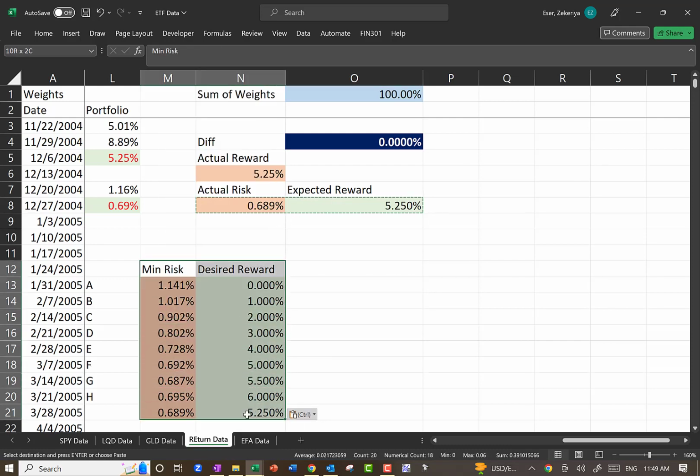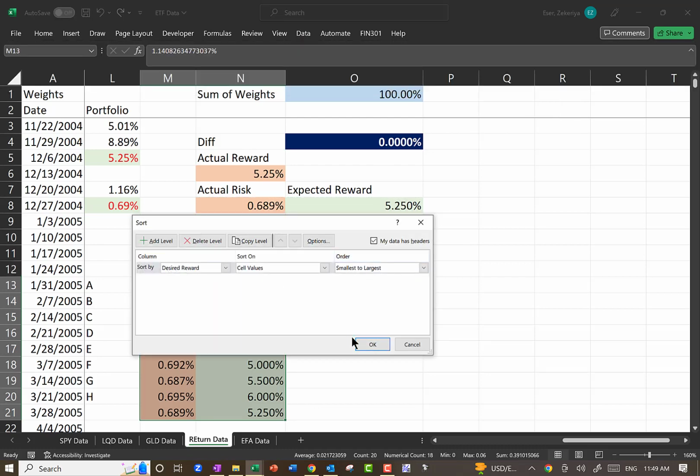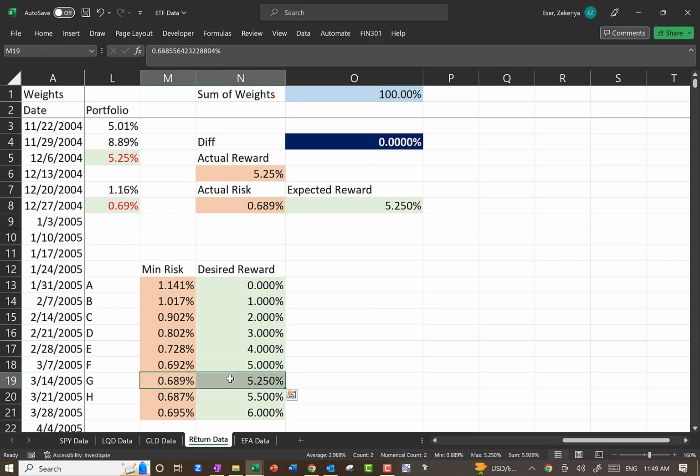Well, let's do the sort again. Okay. I mean, I know F is inefficient, but G may not be. If I did even finer, I'll probably find something over there. But for now, let's leave it there.